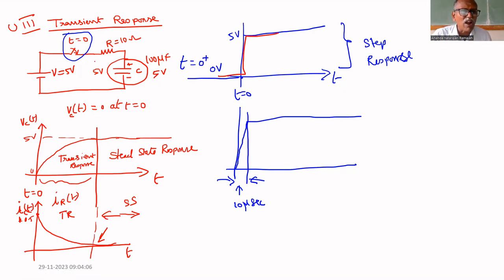So we can say, when t equal to 0, the switch is closed. What is the response? We may ask like that. Or, what is the response of the circuit for a step input of 5 volt? That is also correct.